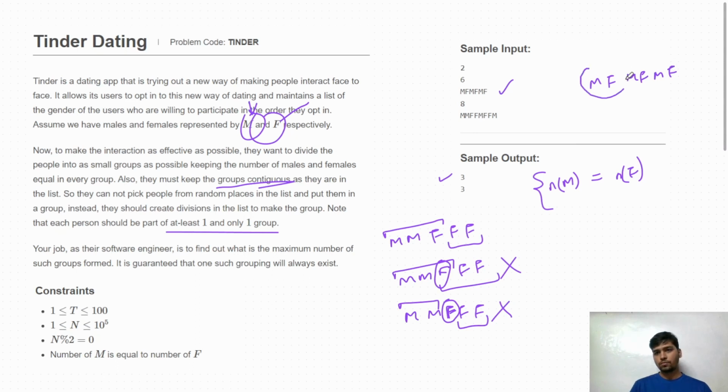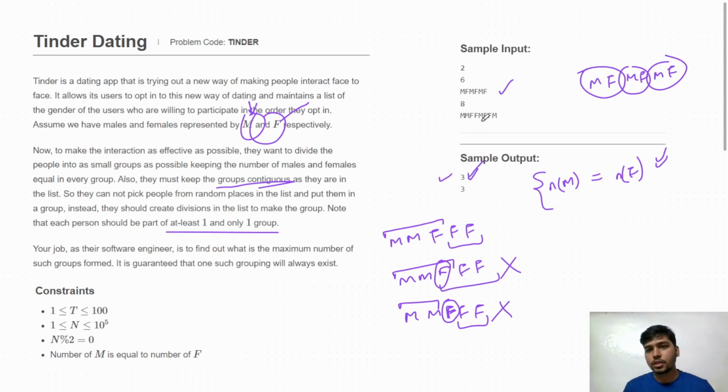So this is the first group, second group, and third group. The number of males and females in all three groups is the same, the groups are not overlapping, and every member is selected. So this is a valid selection, and the maximum number of groups we are able to form is 3. So the output is 3.